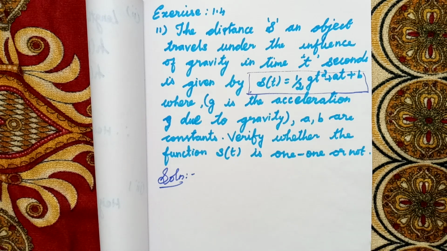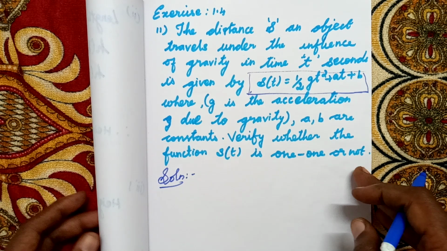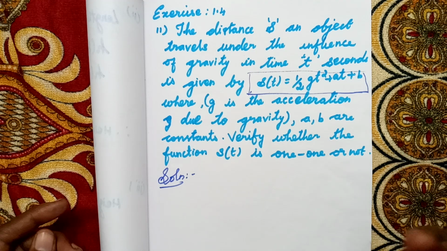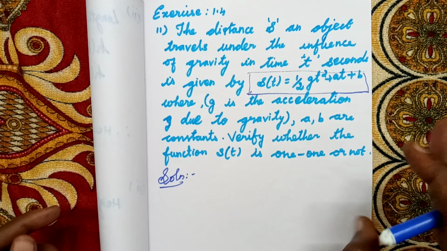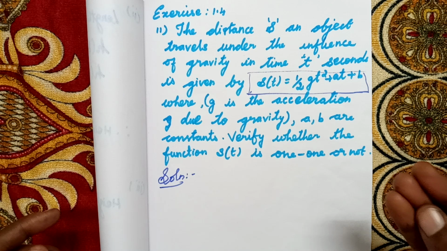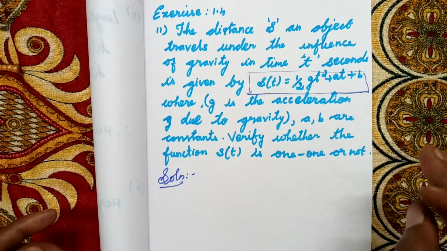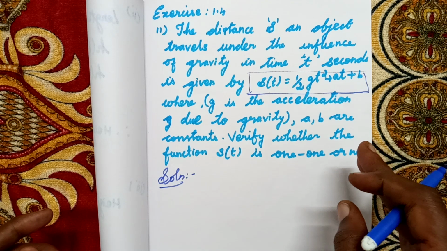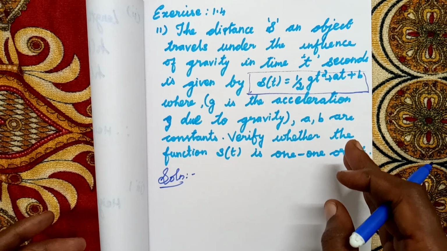Now, I gave a rule for you. To check the function is 1, 1, it is enough to prove that f of x is equal to f of y implies x is equal to y.